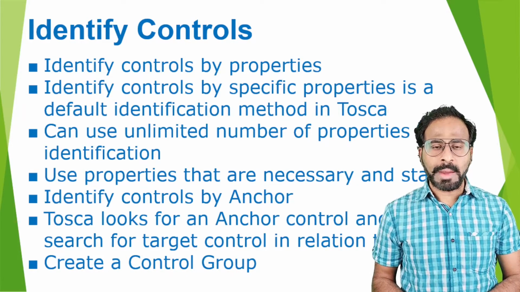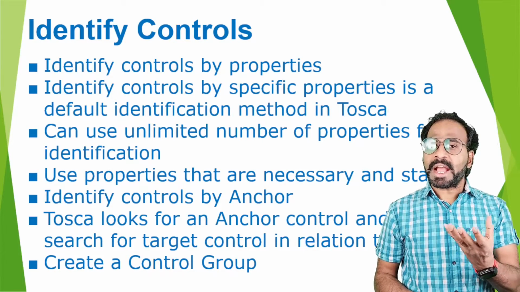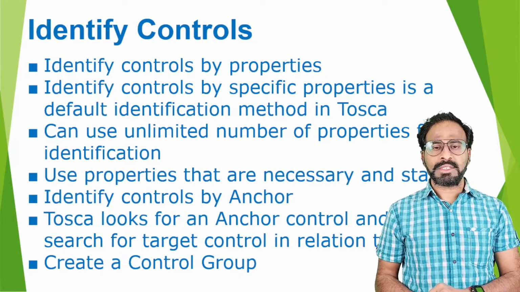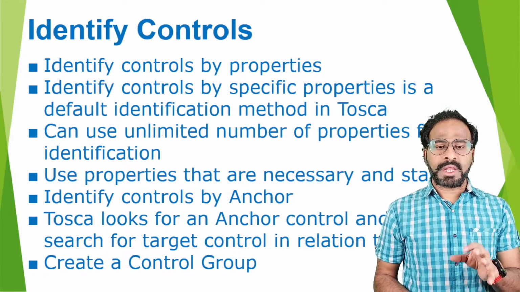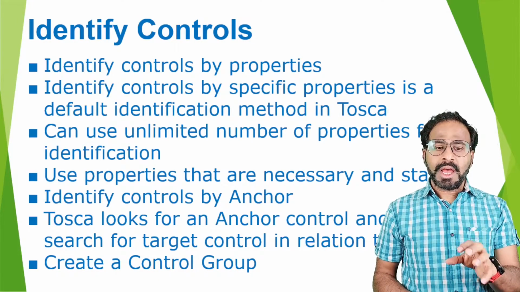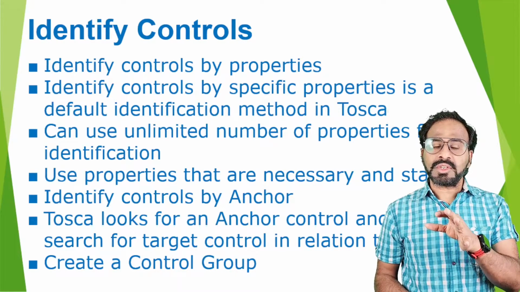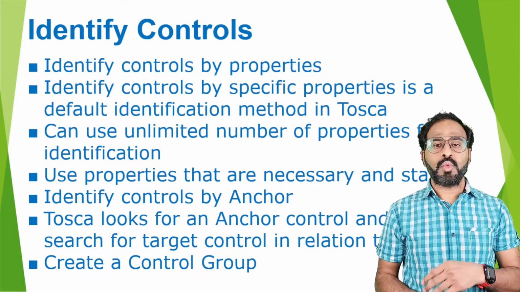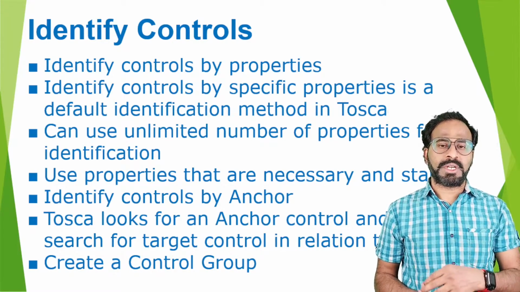Okay, and also I'm going to teach you how you can identify the controls by using the anchor property. It's a very useful concept. Generally, Tosca looks for an anchor control first and then searches for the target control in relation to the anchor. So what do we mean by anchor control? Let's say I want to identify the login button.